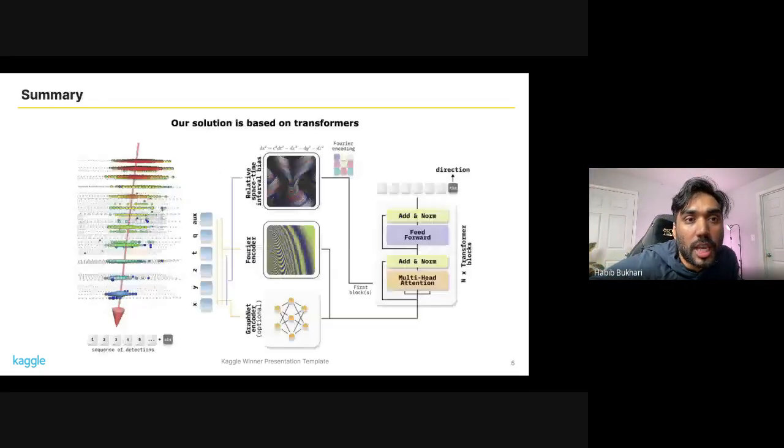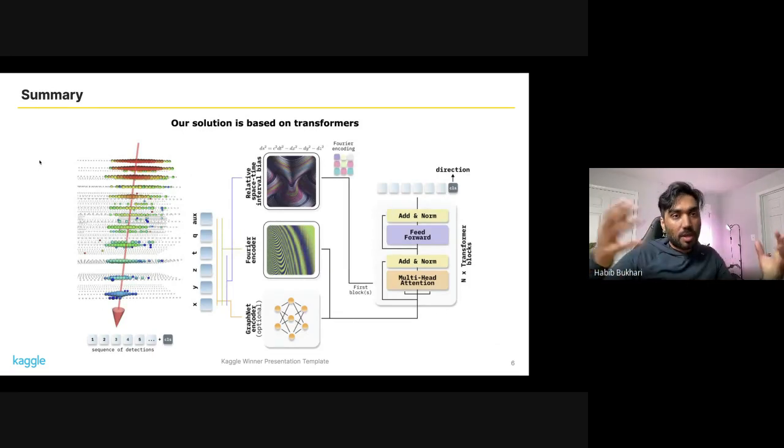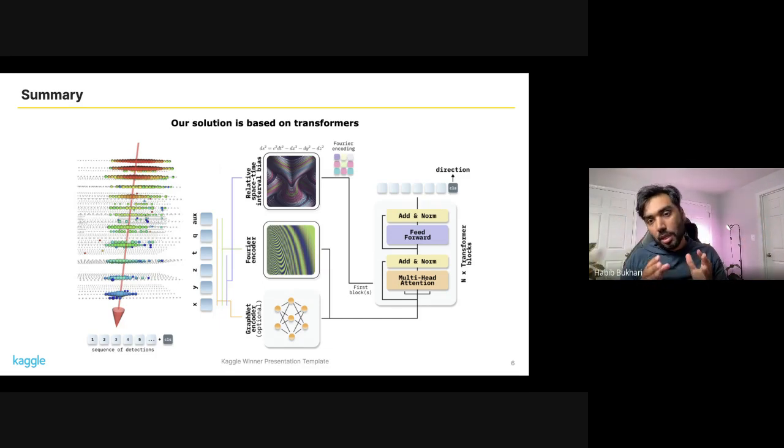So let me give you a big overview of our solution. Our approach can be divided into two blocks: an encoder block and a decoder block. For the decoder, we use a transformer, and for the encoder, we have two main things.